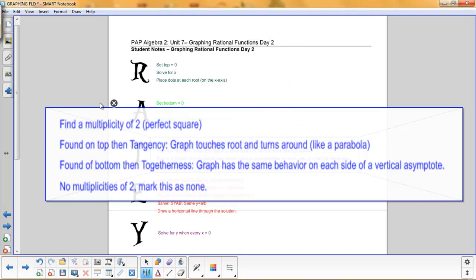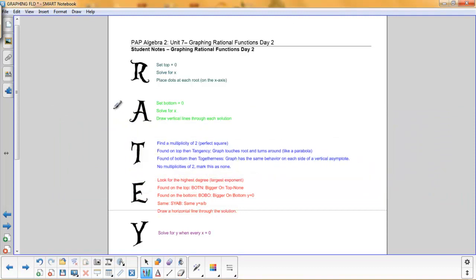Okay? So let's go ahead and write down some multiplicities of 2 so that you have some ideas in your mind about what a multiplicity of 2 looks like. As I mentioned just a moment ago, x squared is a multiplicity of 2. A perfect square trinomial such as x plus 2 squared is also a multiplicity of 2. All right?